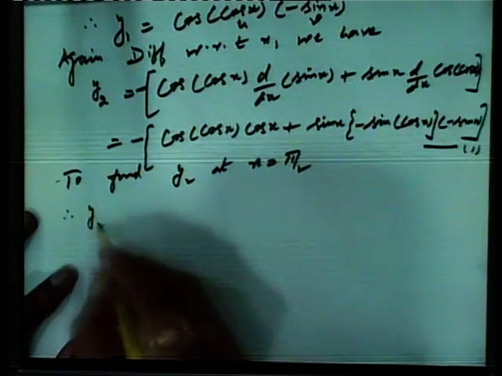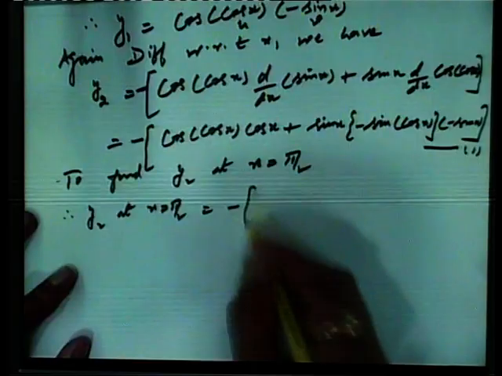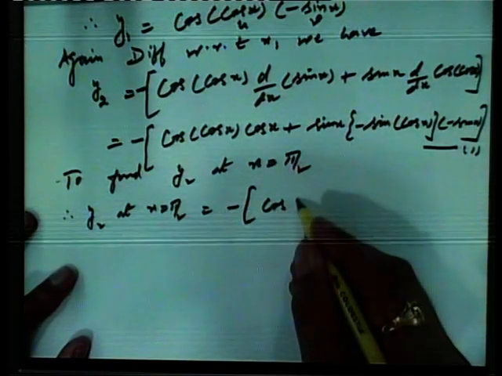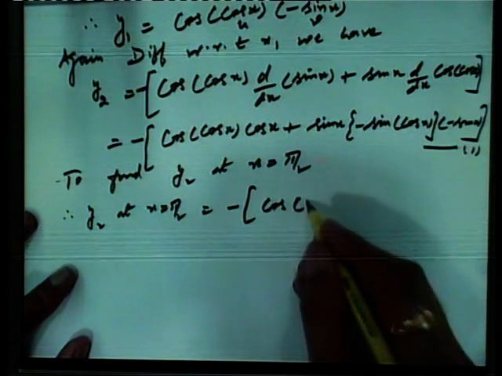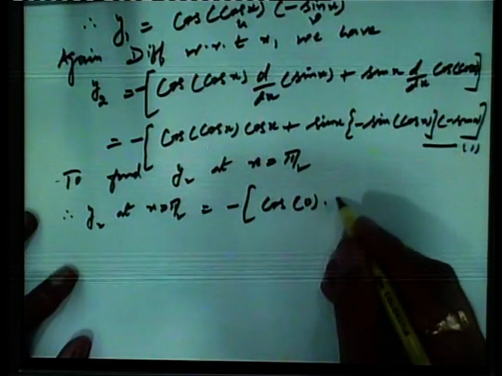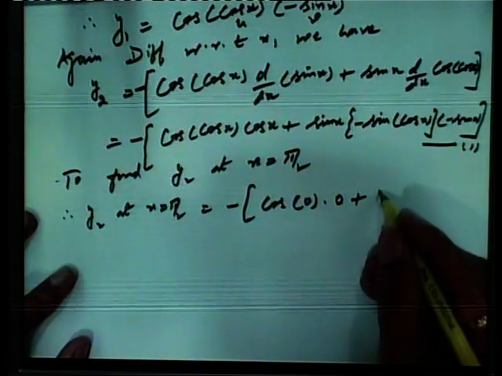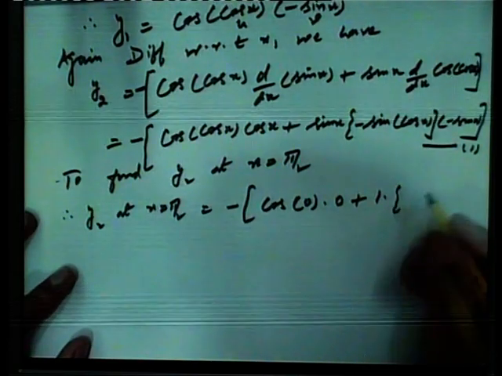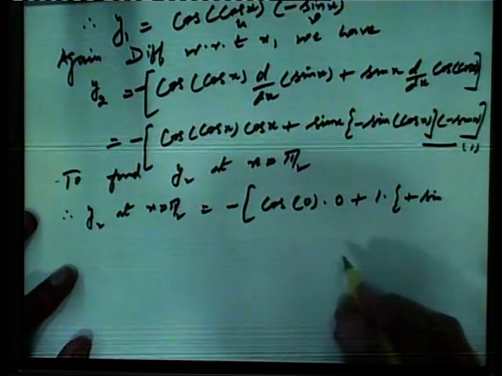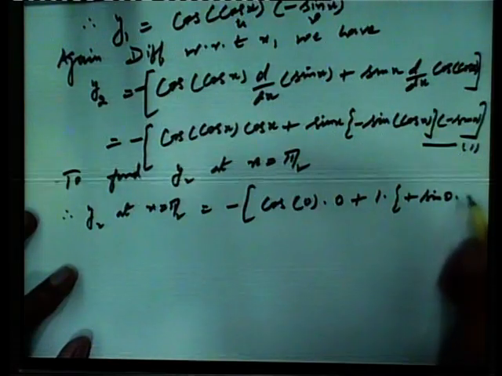Therefore, y2 at x equal to pi by 2 becomes minus, you see that cos of cos pi by 2, you know that cos 90 degree is equal to 0. Cos pi by 2 is again 0, plus sin pi by 2 you know that is 1, minus minus plus sin of cos pi by 2, that is 0, into sin 0 is 0.